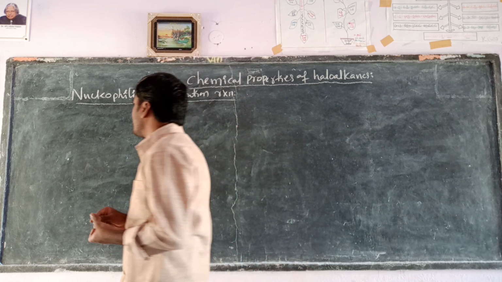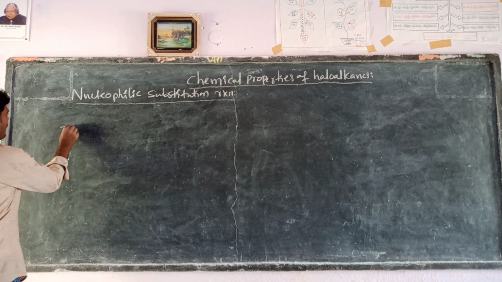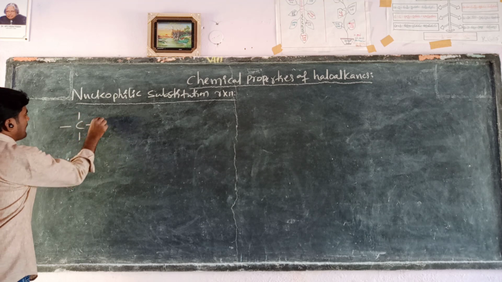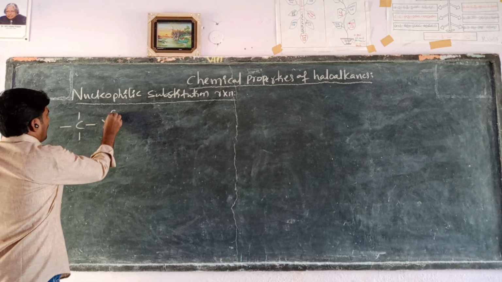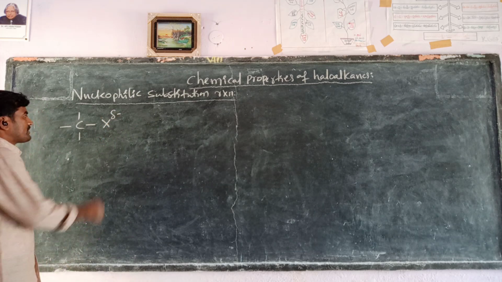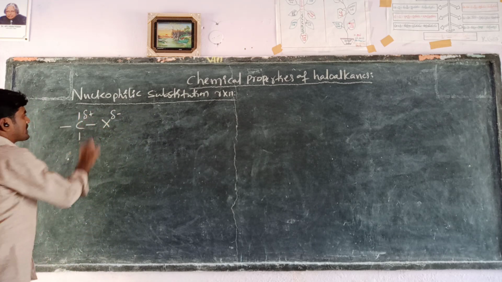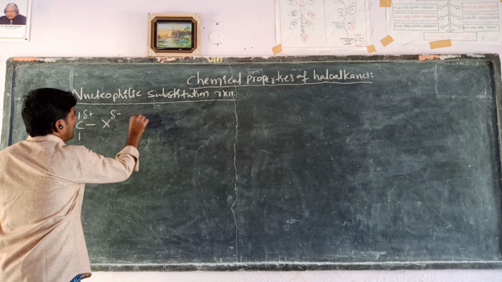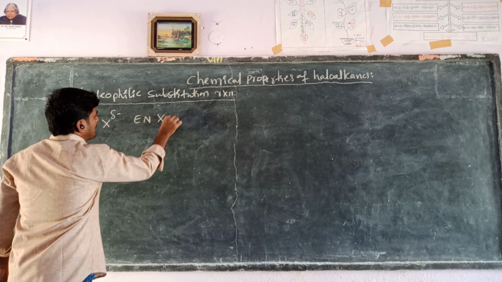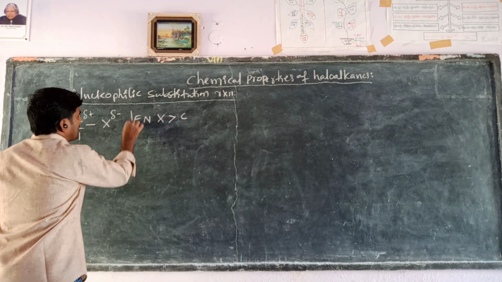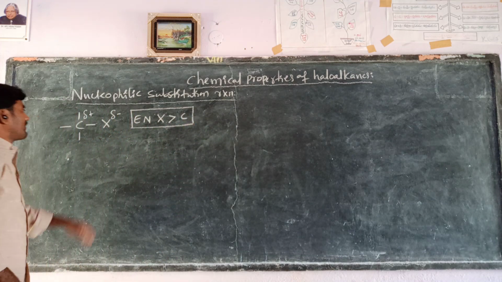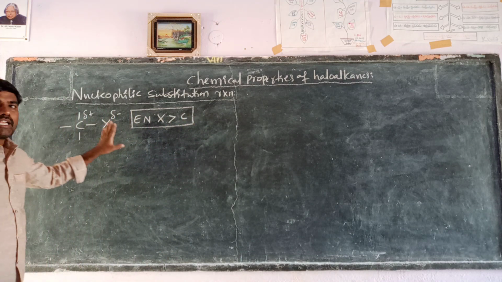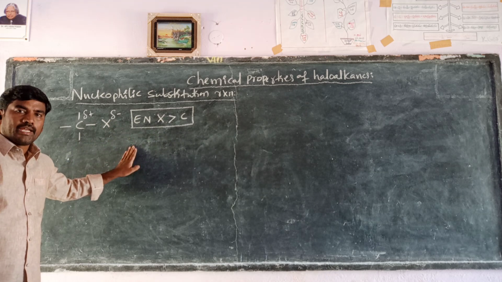In alkyl halides, due to the electronegativity difference of the carbon and halogen atom, the halogen has a partially negative charge and carbon has a partially positive charge, as the electronegativity of halogen atom is greater than carbon atom. Due to this electronegativity difference, partial positive charge develops on carbon atom and partial negative charge develops on halogen atom.